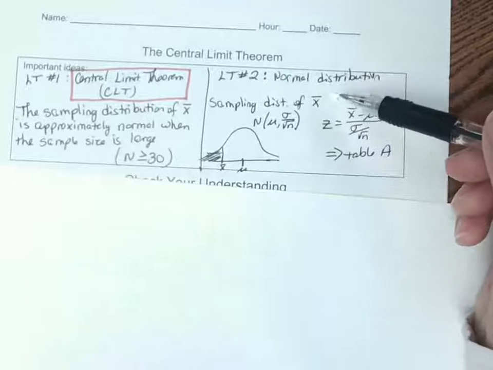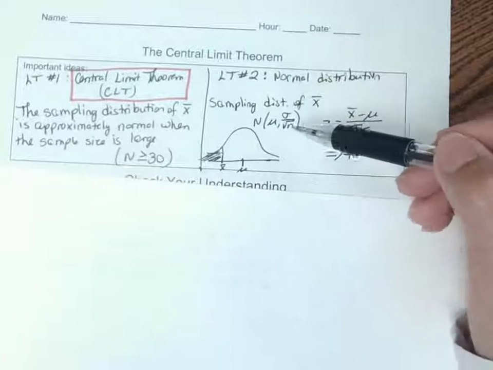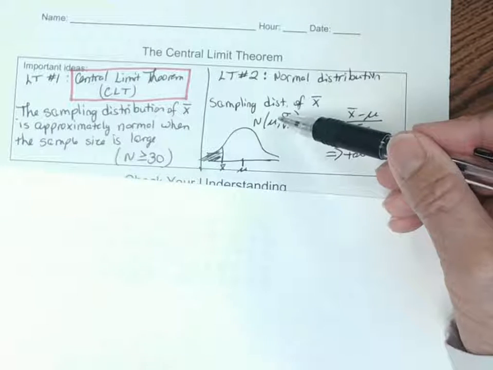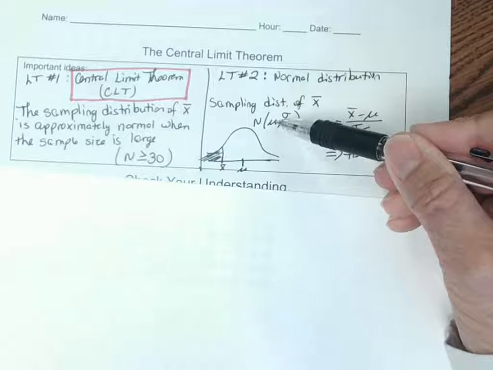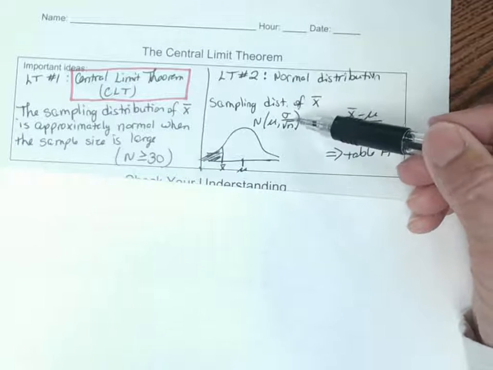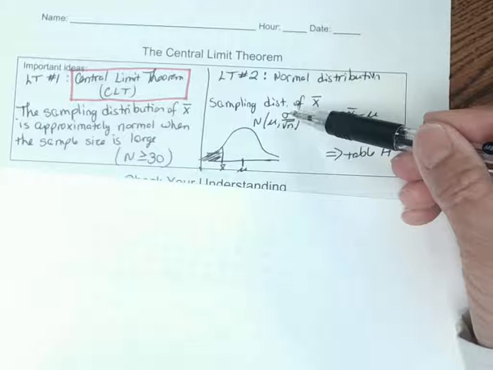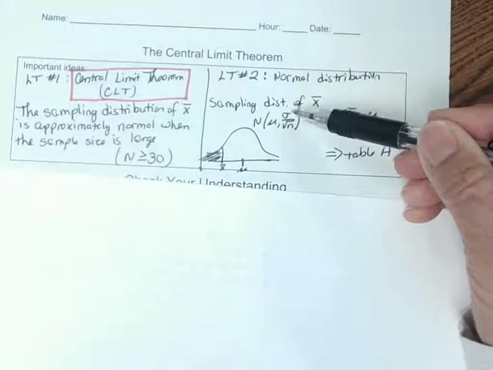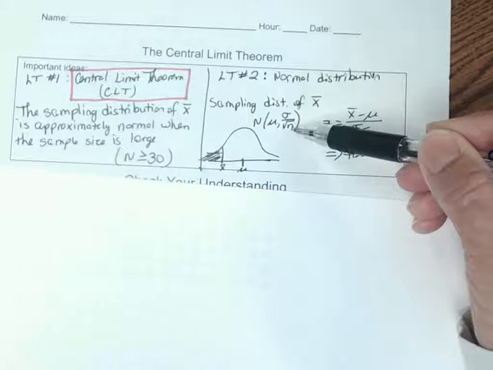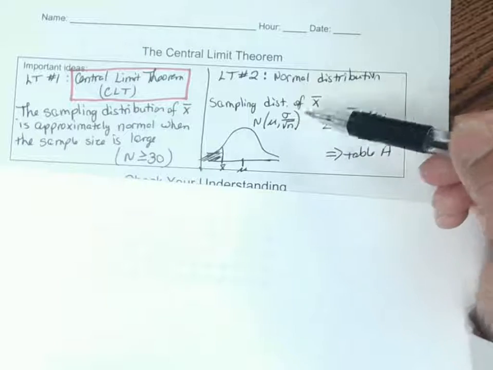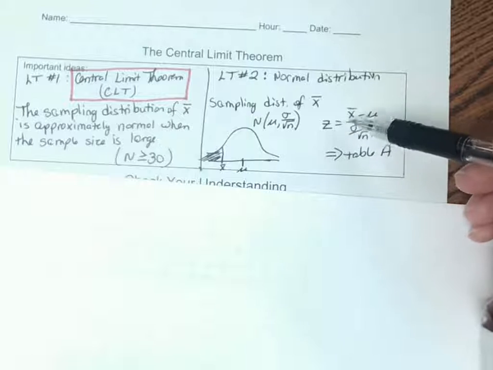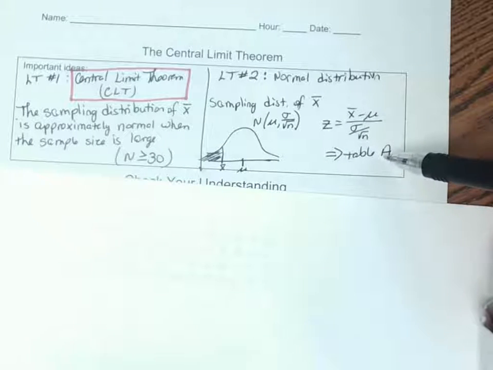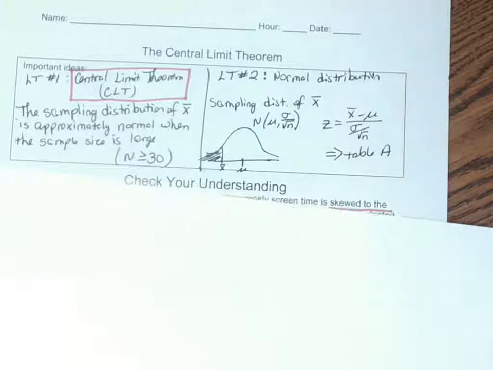And the sampling distribution looks like this, that our mean value for our sampling distribution is the same as the mean of the population. The standard deviation of our sampling distribution is the standard deviation of the population divided by the square root of n. Again, don't forget that square root. And once we have this, we can then calculate z and then use table A to find our values.